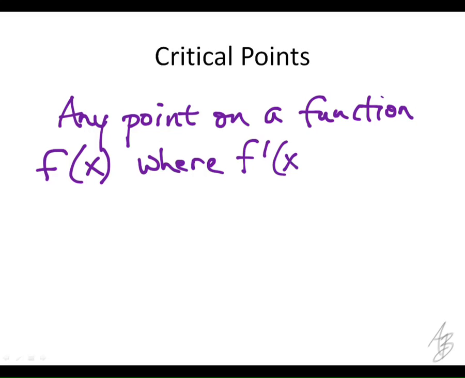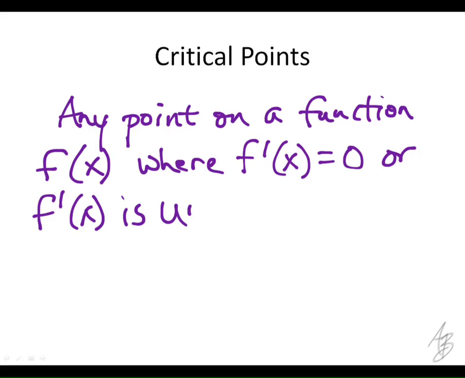f prime of x is equal to what? What do you think? 0. Or f prime of x is undefined. So anywhere that the derivative is equal to 0, or anywhere that the derivative is undefined, we're going to call that a critical point.